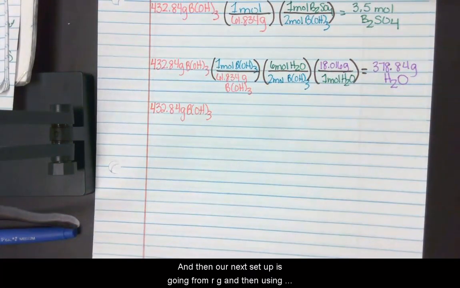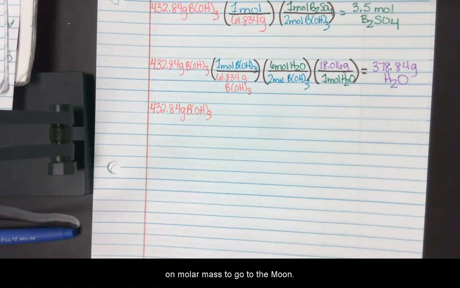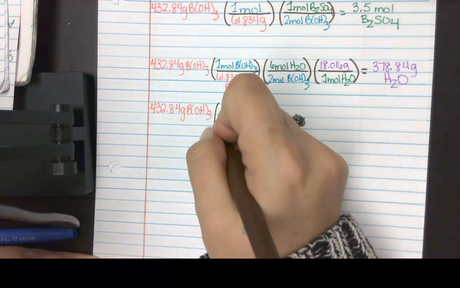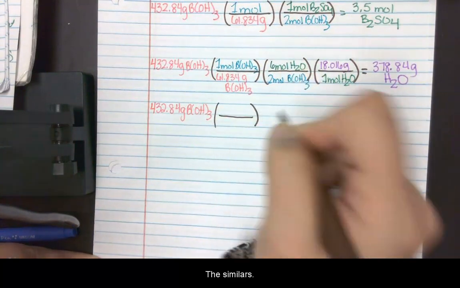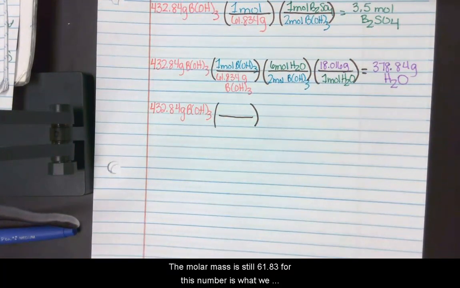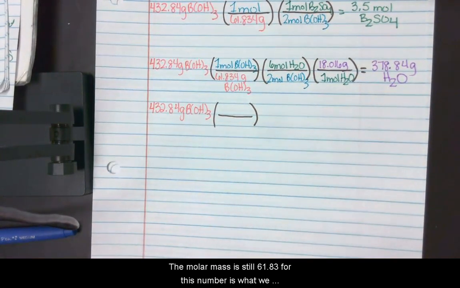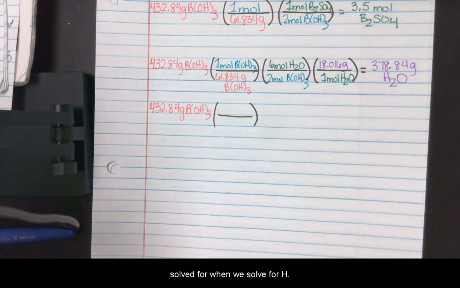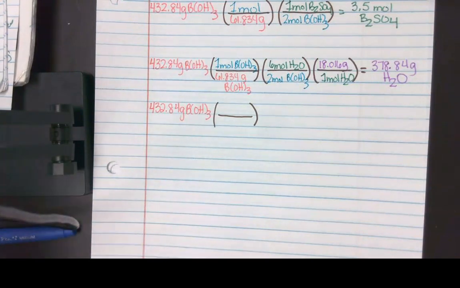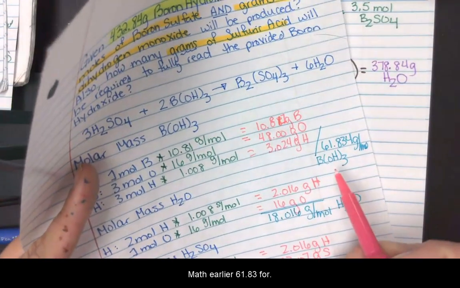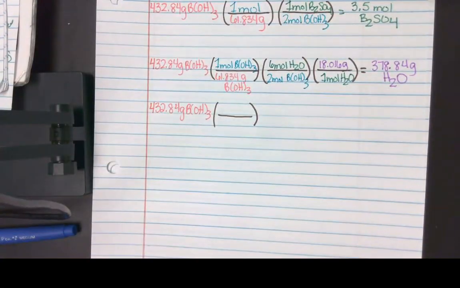And then our next setup is going from our grams and then using our molar mass to go to the moles. So it's a similar setup. The molar mass is still 61.834. This number is what we solved for when we solved for our molar mass earlier, 61.834.